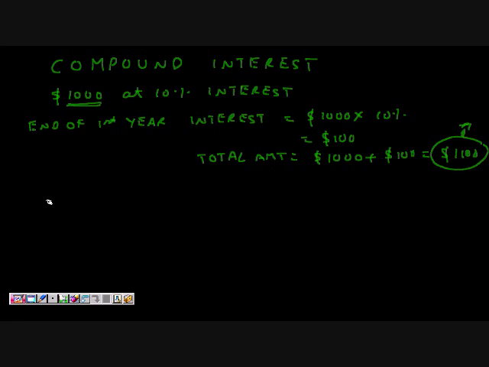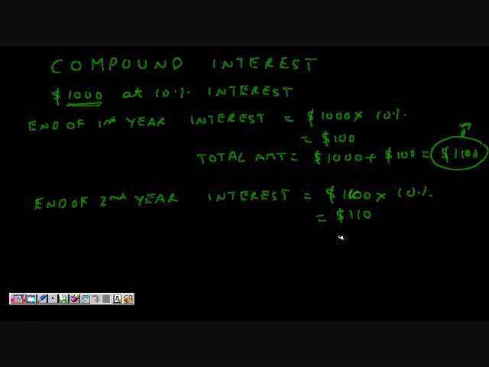So if you're going to calculate the interest for the second year, at the end of the second year, interest will be equal to 10% of $1,100. So you're going to calculate interest on the $1,100 and not the $1,000, which is equal to $110.